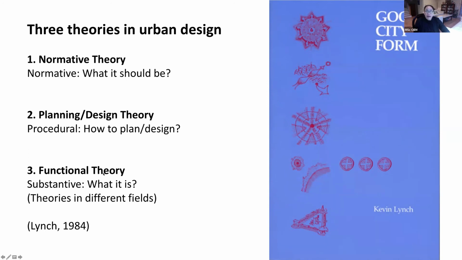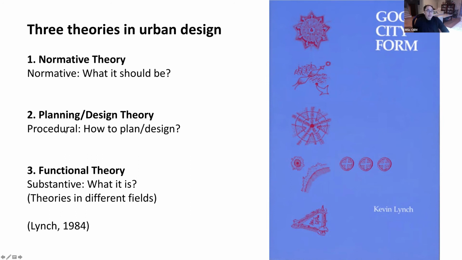Many planners now keep analyzing data, only addressing the current situation by analyzing the data today. That doesn't give us the answer about what it should be. So urban designers are interested in how a city could be transformed to be better.